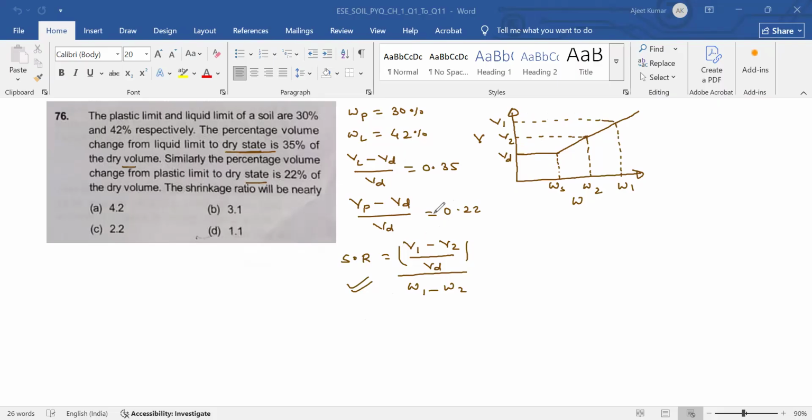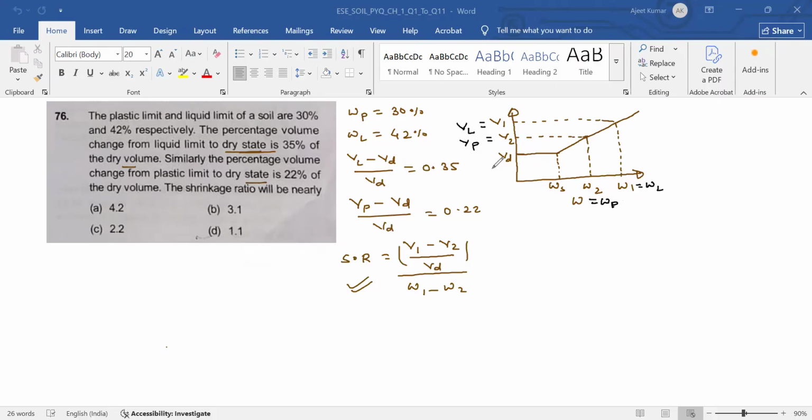In this case, the volume is given at W1 water content. If we take W1 as the liquid limit WL, then this volume is VL. And if we take W2 as the plastic limit WP, then this volume is VP.